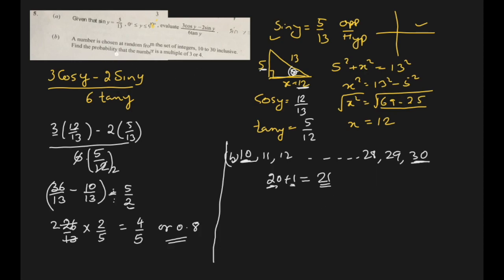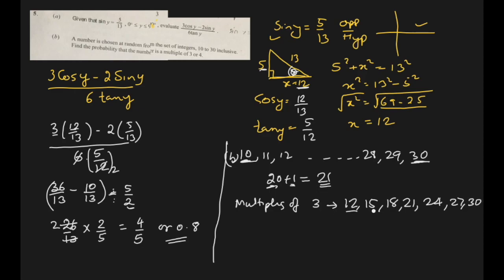Find the probability that the number is a multiple of 3 or 4. So multiples of 3 from 10 to 30: 10 is not, 11 is not, so 12, 15, 18, 21, 24, 27 and 30.